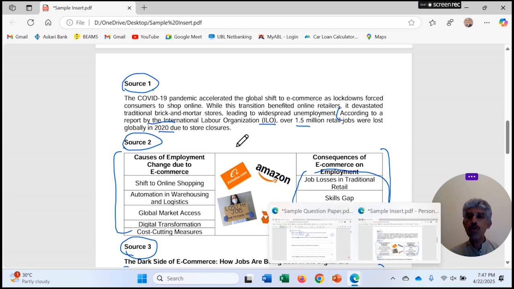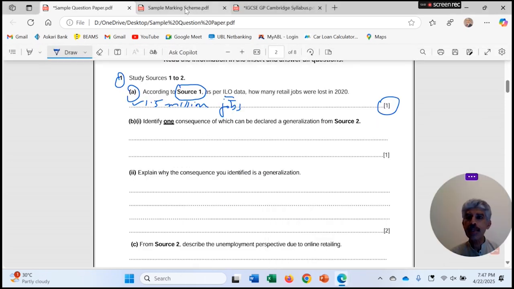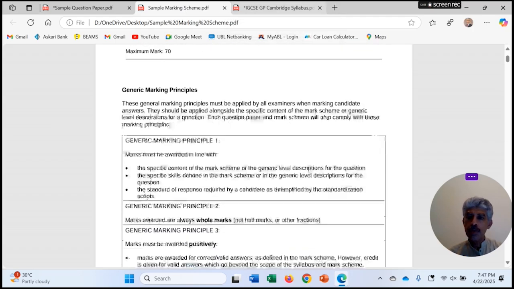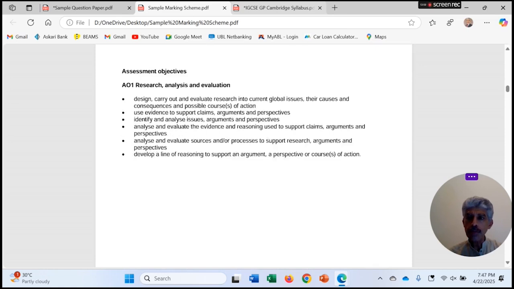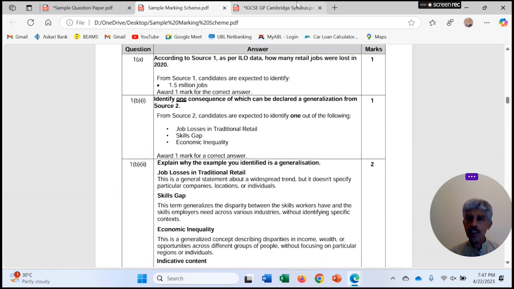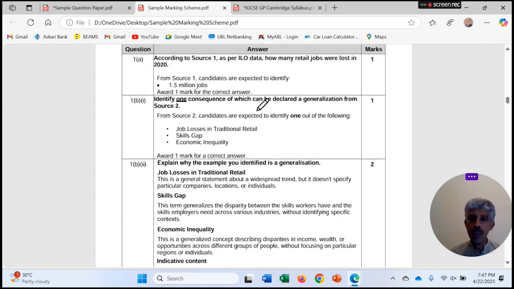And if I go to the marking scheme, what does it say? Going to question 1B, I am talking about: identify one consequence which can be declared as a generalization. The same question.